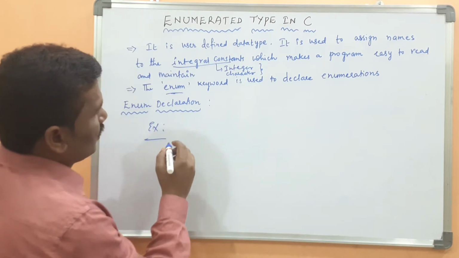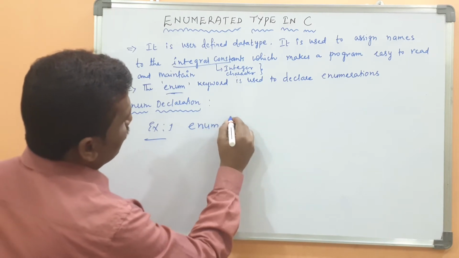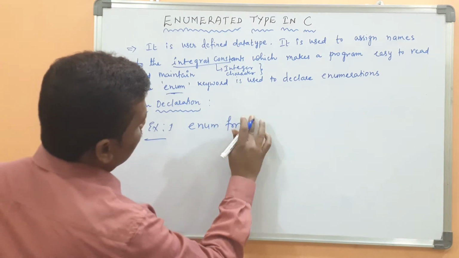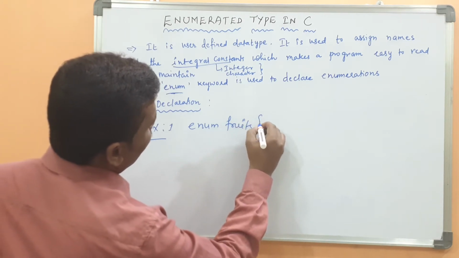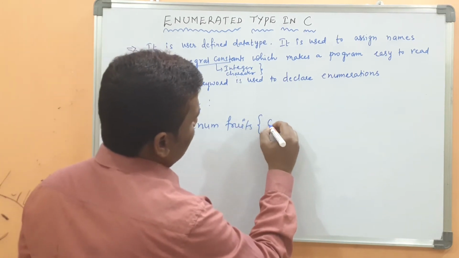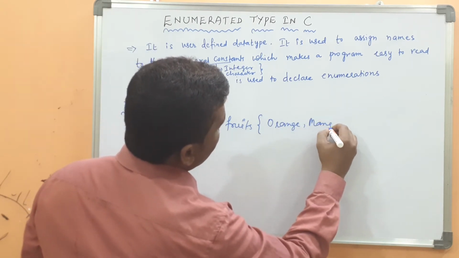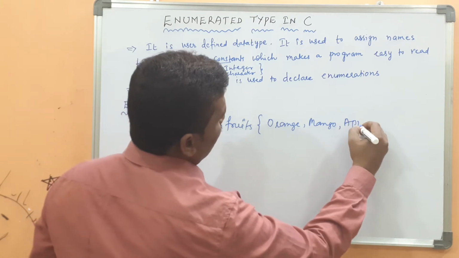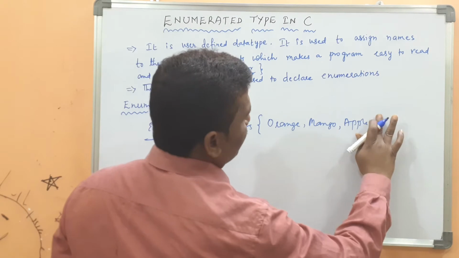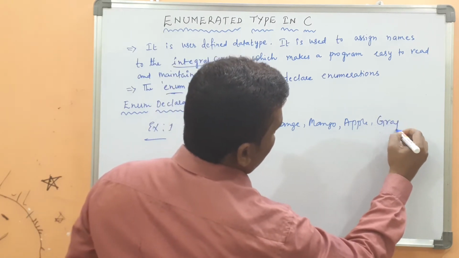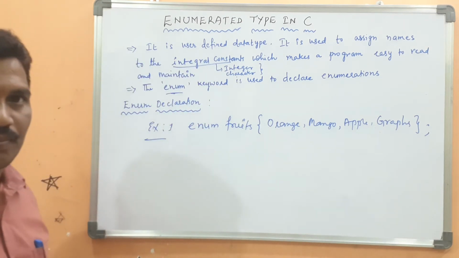Example: enum, suppose fruits, then orange, mango, apple, then grapes, followed by the semicolon.